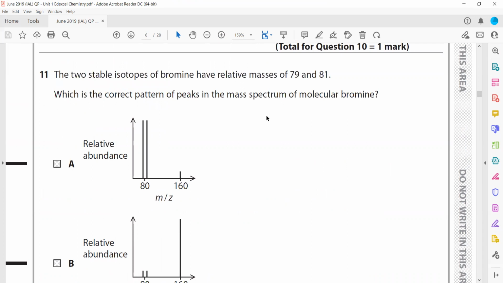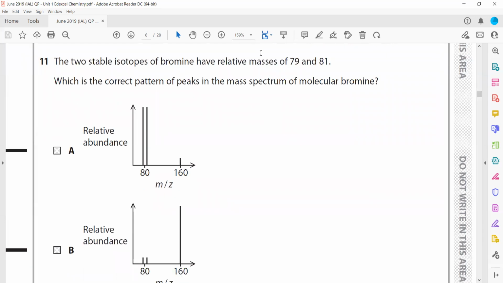Then two stable isotopes of bromine have relative masses of 79 and 81. What is the correct pattern of the peaks? How to identify? Remember, 79 is 50%. So you may have bromine 79, which is 50%. We may have bromine 81, which is also 50%.